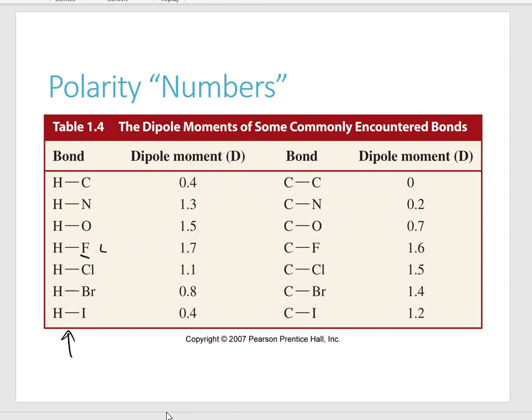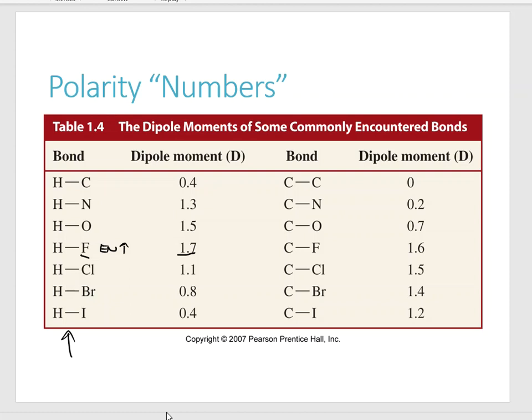So fluorine is the most electronegative of all the atoms. And look at the dipole moment here. That dipole moment is 1.7. It is the highest in that particular column. And the reason is because fluorine is very electron greedy. That's what electronegativity means. So if he's electron greedy, then he's going to hoard all of the electrons on his side whenever he can, and that's where they're going to hang out.